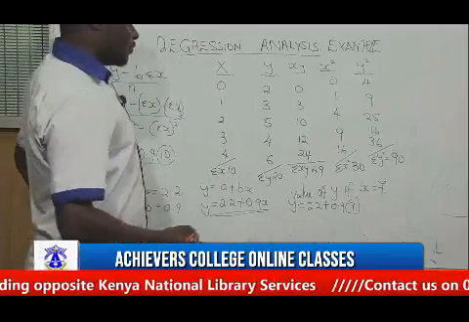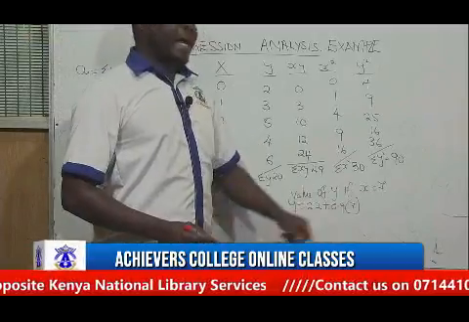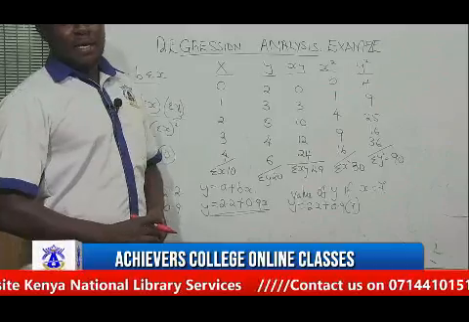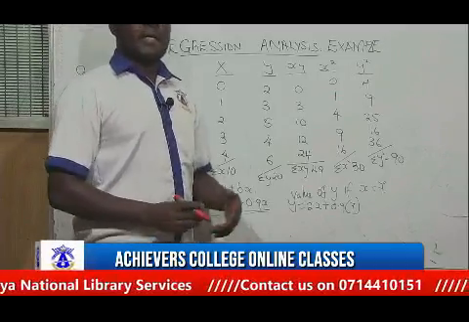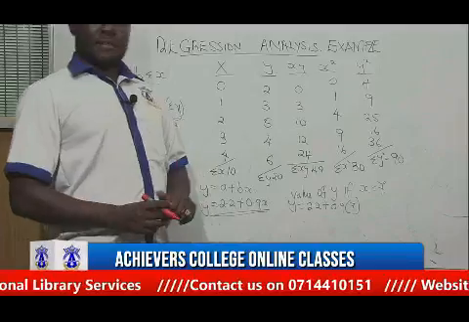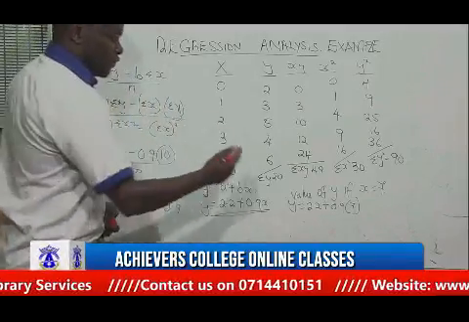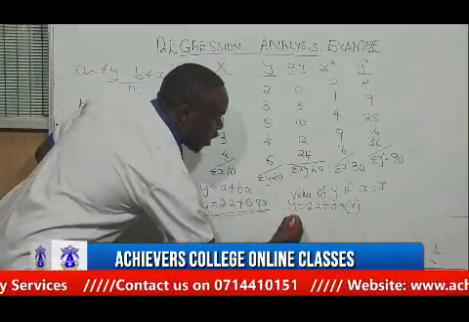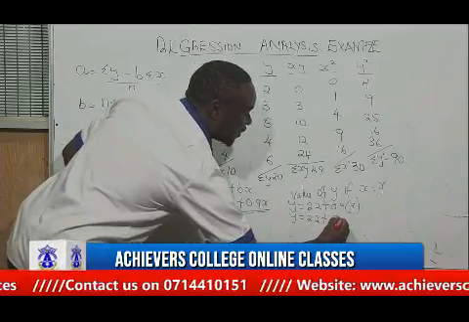You are going to take 0.9 multiplied by 7, and then after multiplication you add. So if you finish that, you have y is equal to 2.2 plus 6.3.